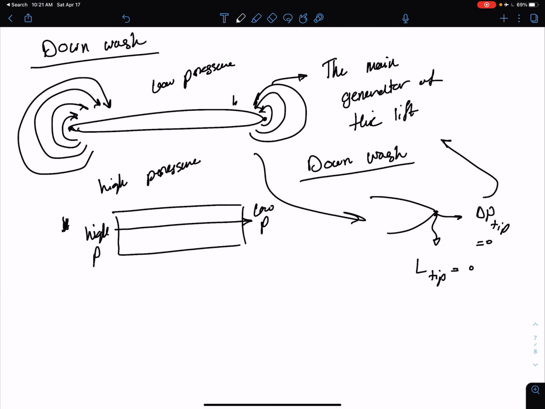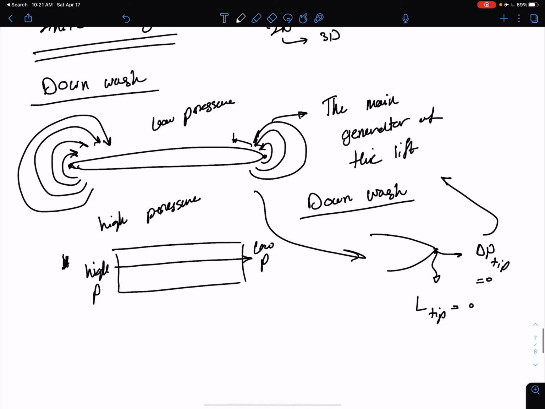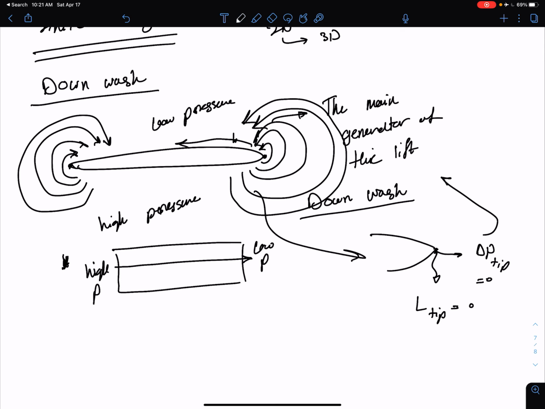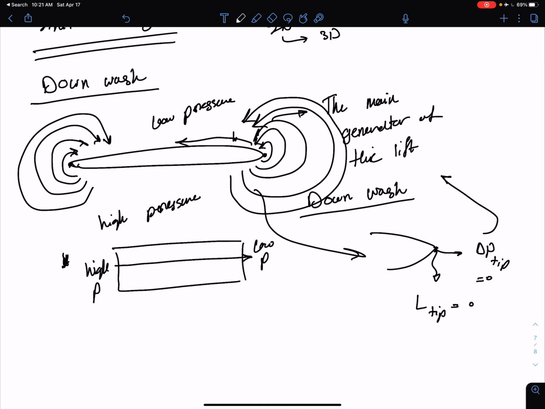So you can safely conclude that as you go further in towards the fuselage, these pressure leakages are going to become smaller and smaller because the flow has to move a longer path, right? So if you want to draw the lift distribution, your lift is going to go from 0 to a maximum value on top.